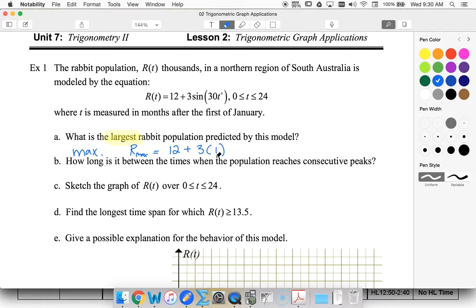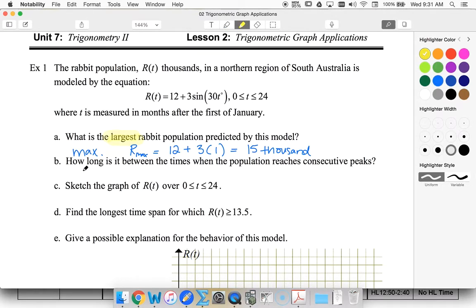Now we don't know when this is happening. We would need to figure out what our t is to know when the max is happening, but the max of sine is always 1. So the max of this function then is going to be 15, and we're measuring in thousands, so 15,000 is the max population.